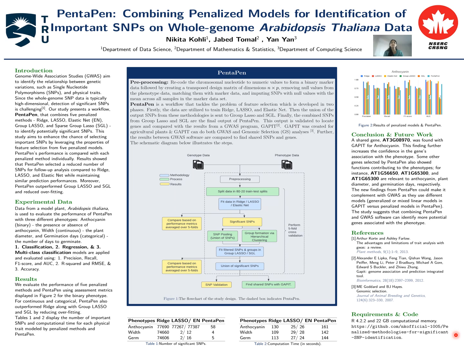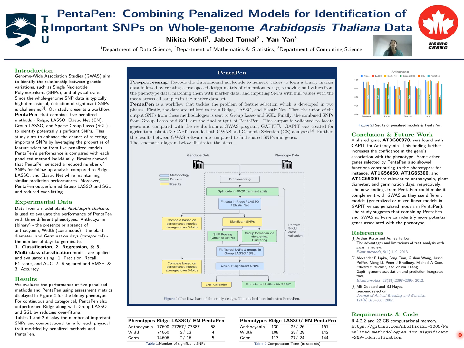Further, compared to the individual penalized models, Pentapen requires a longer execution time. The performance matrix show similar values between Pentapen and single penalized model, and the computation time is a bit longer for Pentapen but still within the acceptable range.